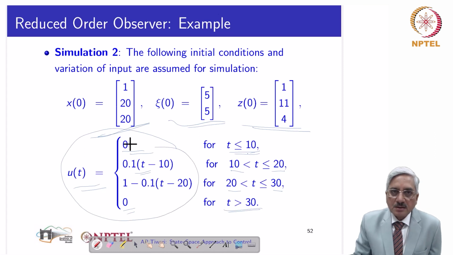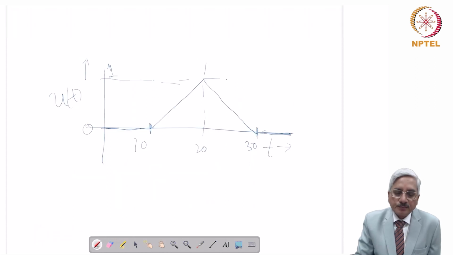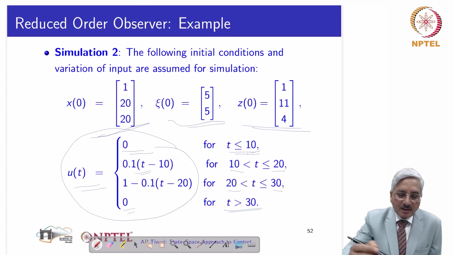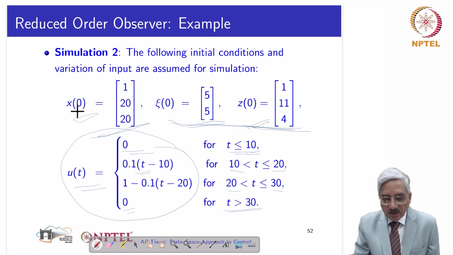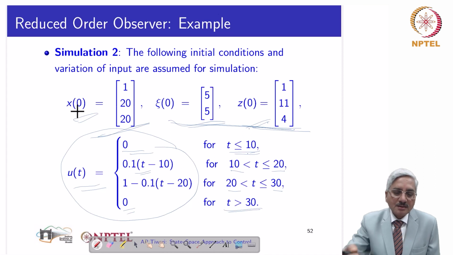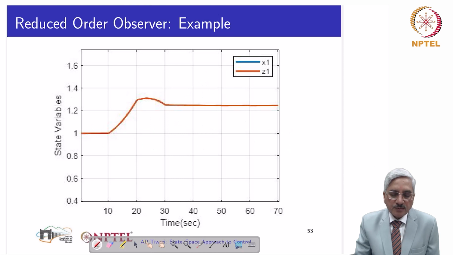So we subject the system to this input variation starting at 10 seconds, and up to 10 seconds the system behavior will be characterized by deviation of the observer states from the actual states of the system. And let us see how it happens. So this is what we see.